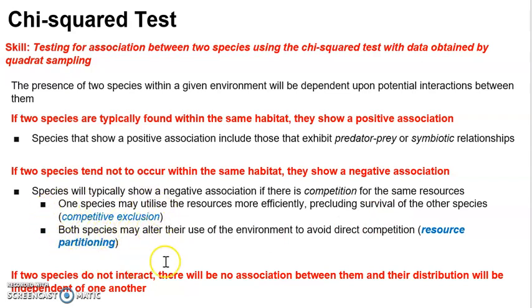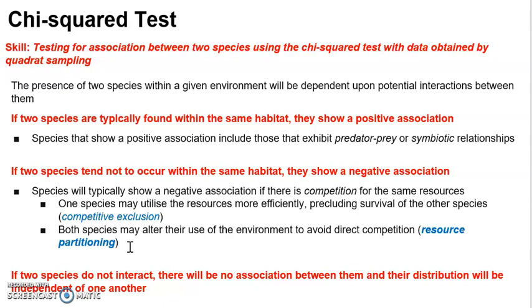But if organisms occupy a very similar niche, but there are slight differences, then what can happen is something called resource partitioning. And resource partitioning will allow the organisms to live together in the same environment and just live in what's called their realized niche as opposed to their fundamental niche.